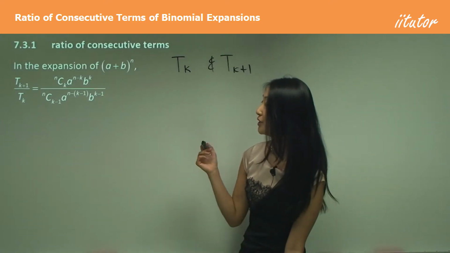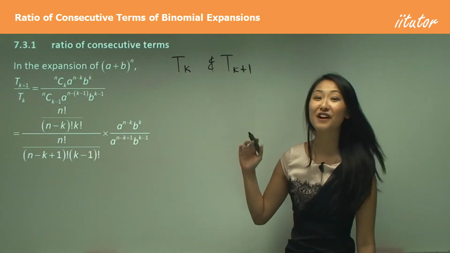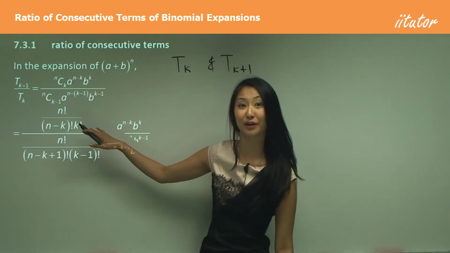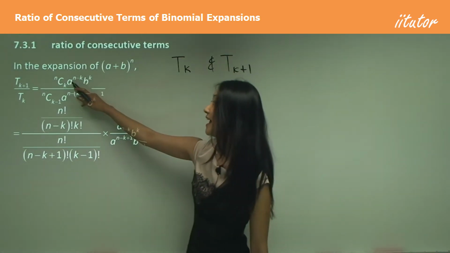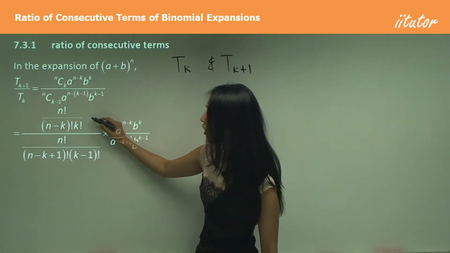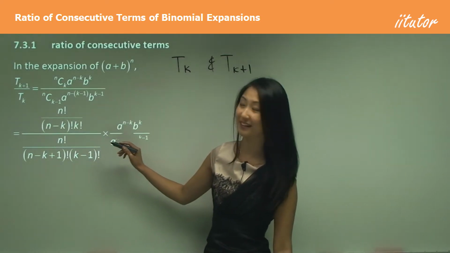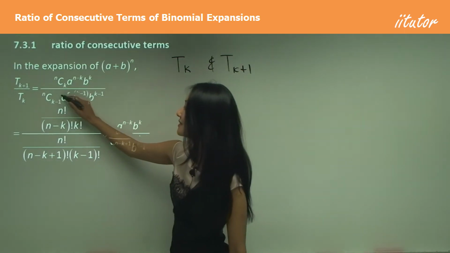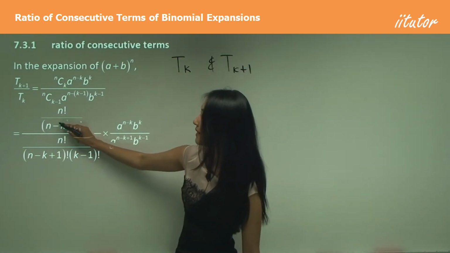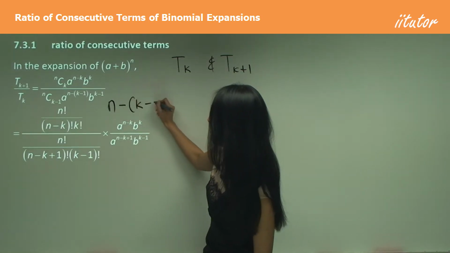So then what we do is we need to somehow simplify that. And before we simplify, the first thing we need to do is express our combination in terms of factorial. So remember, our combination nCk is actually expressed as n factorial on n minus k factorial times k factorial, okay? Now this here, nC(k minus 1), becomes n factorial, but that k there, essentially you have n minus (k minus 1).